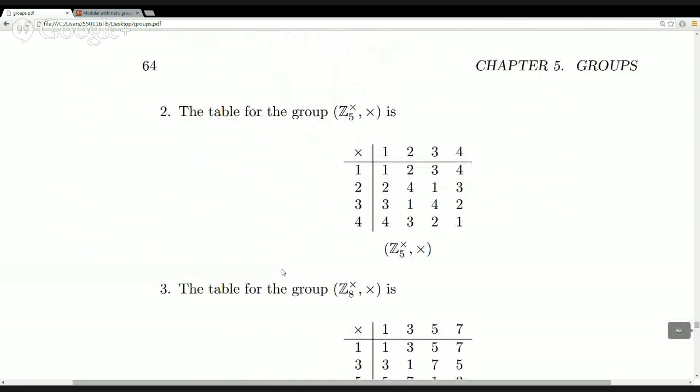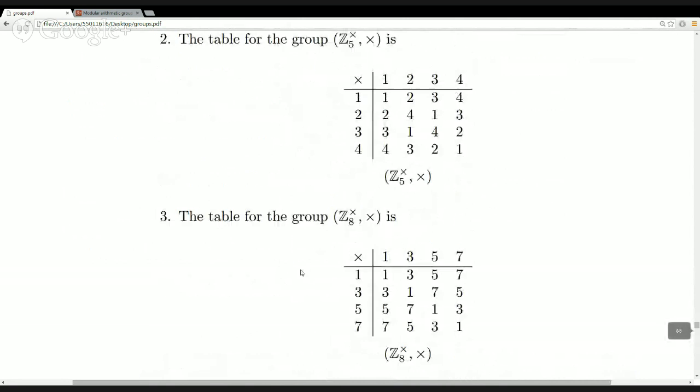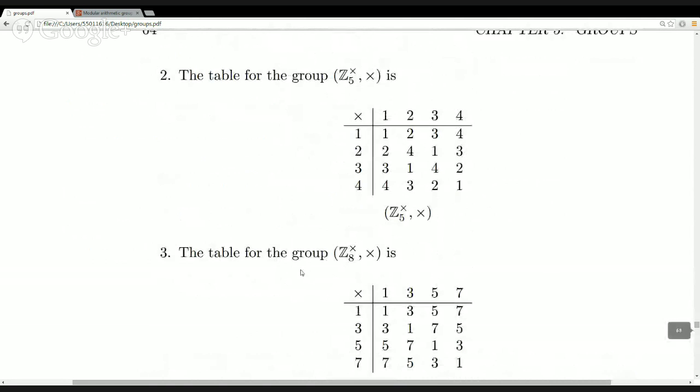What's more interesting is when you start to look at some of the multiplicative groups. So there's Z5 and Z8. Let's do one of the other ones we had, Z7, say.